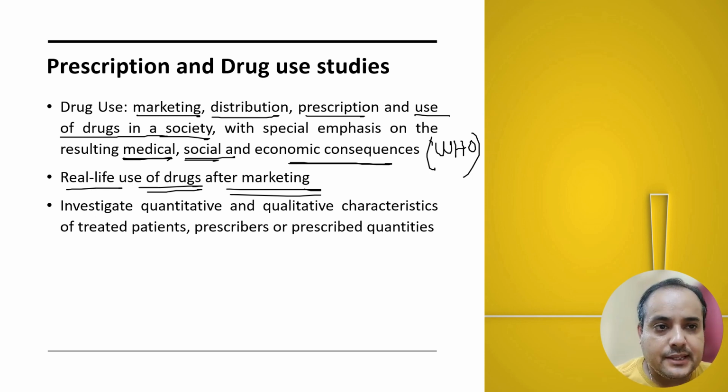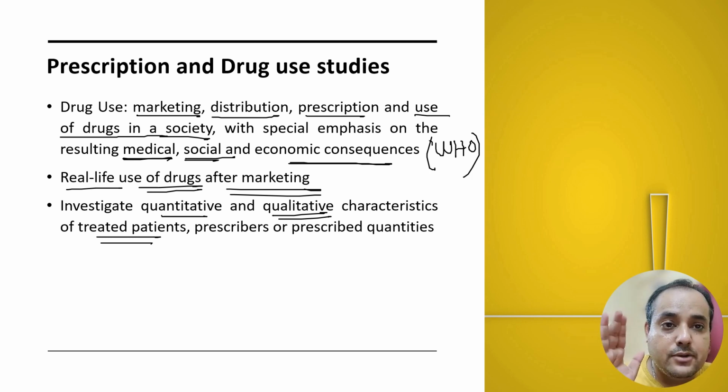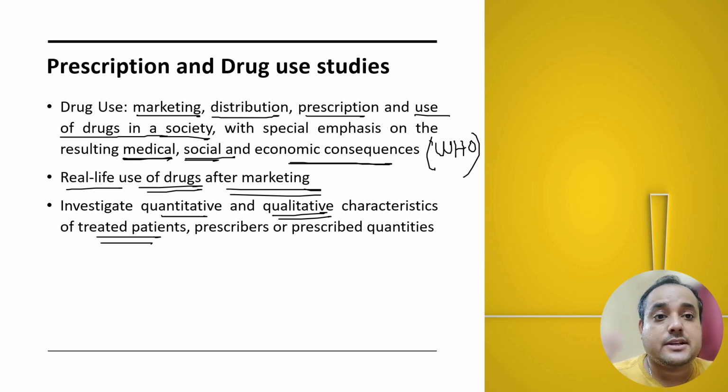So everything that is happening in the real world, that is what we are getting with the help of these studies. So they investigate the quantitative as well as the qualitative characters of the treated patients, right? How many patients in total are getting treated by the drug, the quantitative character. What is the quality, what is the improvement of life after being treated with this drug, the qualitative parameters.